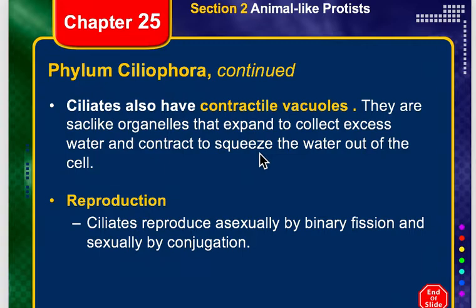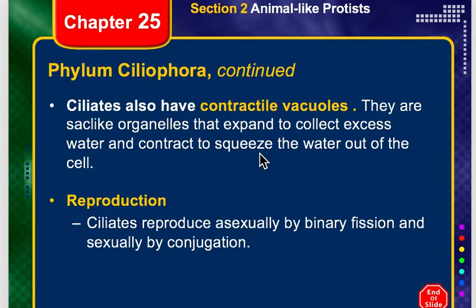They're just going to split in half, and each new daughter paramecium is going to be identical to the parent. If it is through sexual reproduction, the only type we talked about was conjugation, and that's where they transfer the DNA in the micronucleus into the other paramecium, and that way there's going to be some genetic variability.